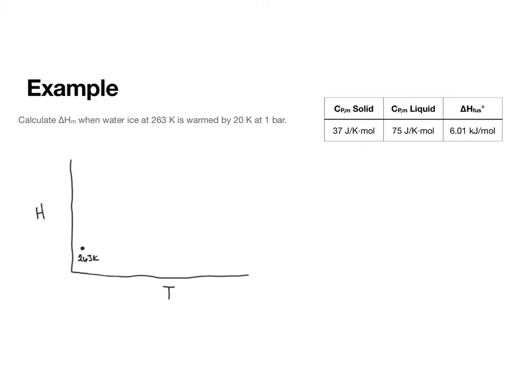And for water, that means that we are ice or solid. We're going to heat until we reach 273 Kelvin. And then melting is going to begin. Once we finish melting, we are still at 273 Kelvin, and we have to heat to 283 Kelvin. And so we're going to really think about this as step 1, step 2, step 3.